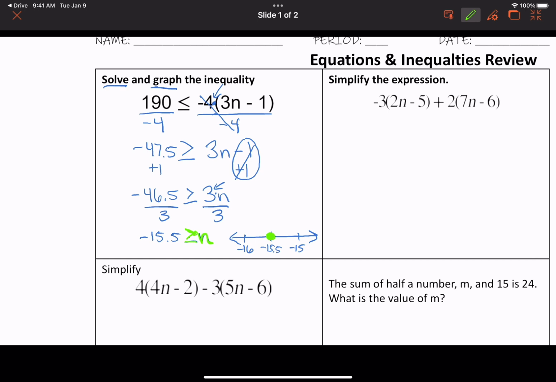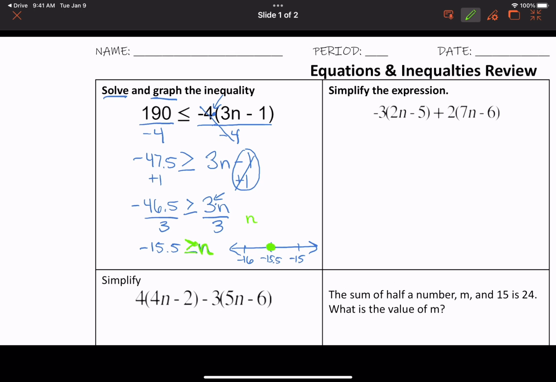That means all of my solutions are smaller. Okay, my solutions are less than -15.5. So another way to write this, we could rewrite it as n is less than or equal to -15.5. But because my solutions, my variable, is smaller, we can graph everything to the left of -15.5 because that's where all the smaller numbers are.